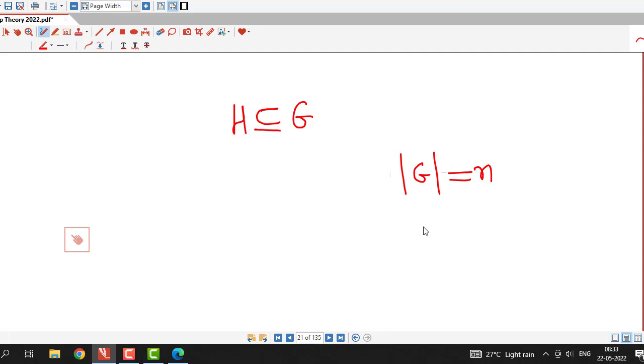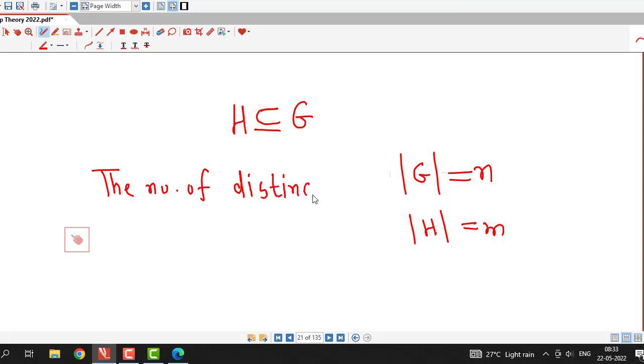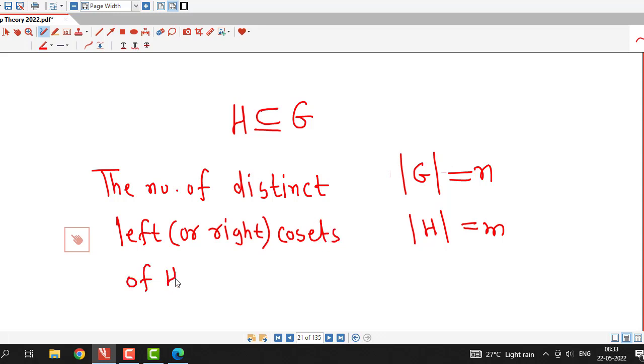Suppose the order of G is n, that is, the number of elements in G is n, and the number of elements in H is m, then the number of distinct left or right cosets of subgroup H in G is equal to n divided by m, or we can simply write order of group divided by order of subgroup.